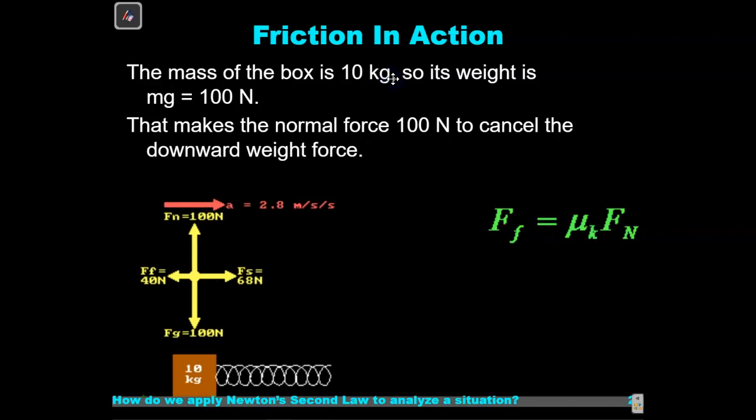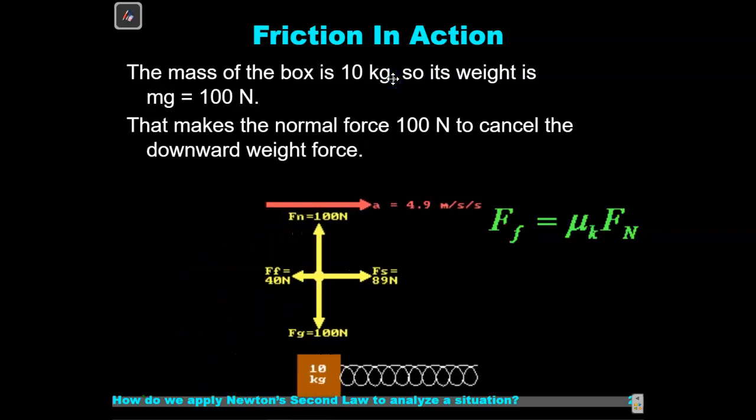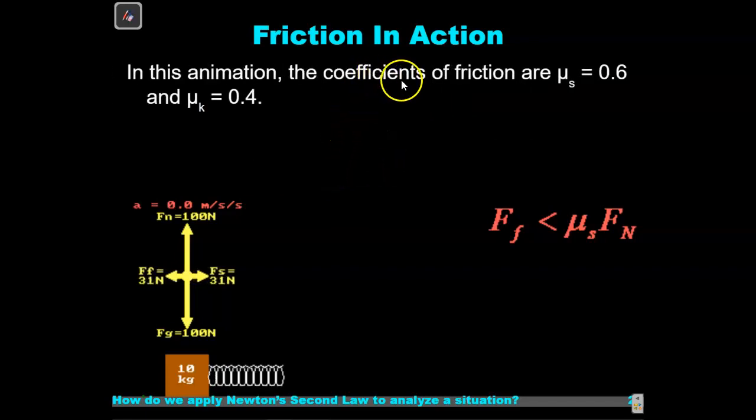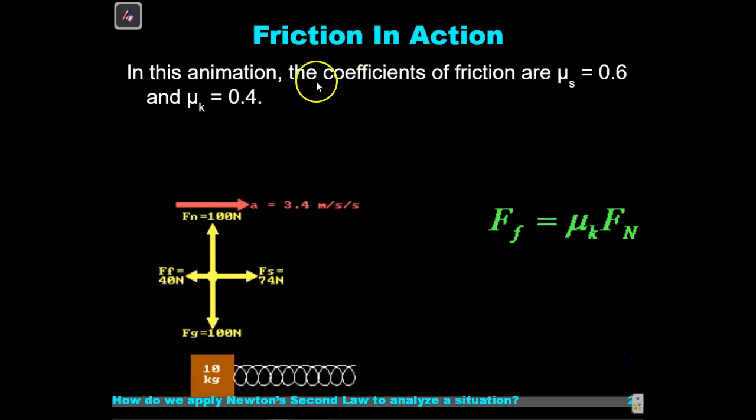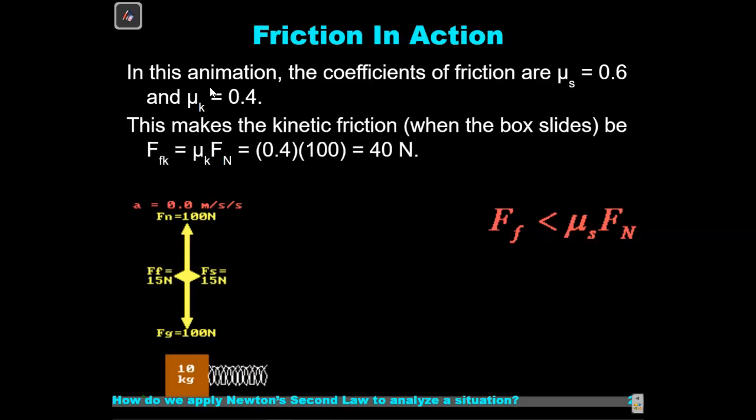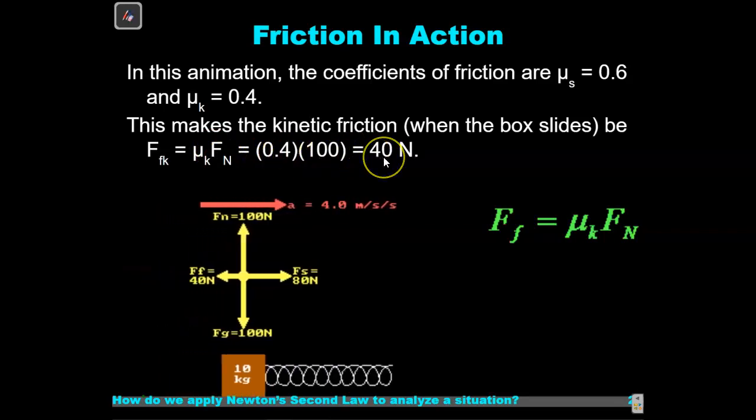That makes the normal force 100 newtons to cancel the downward weight force. In this animation, the coefficients of friction are mu sub s equals 0.6 and mu sub k equals 0.4. This makes the kinetic friction, mu sub k times Fn, 0.4 times 100, 40 newtons.